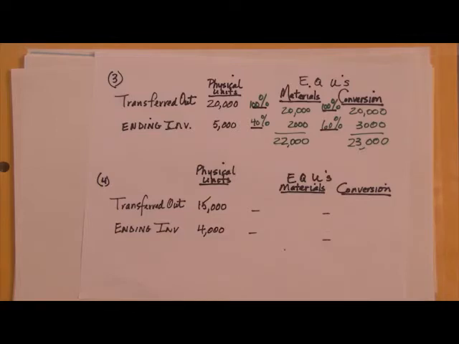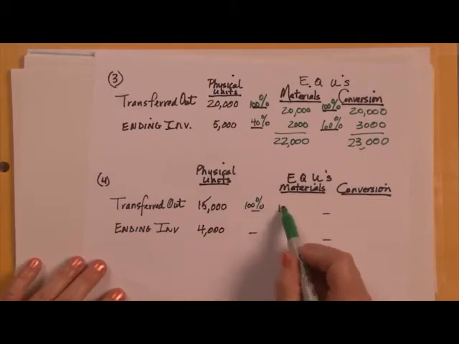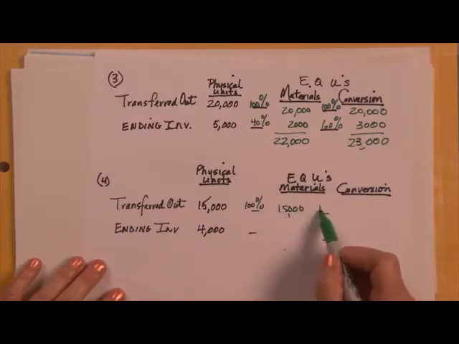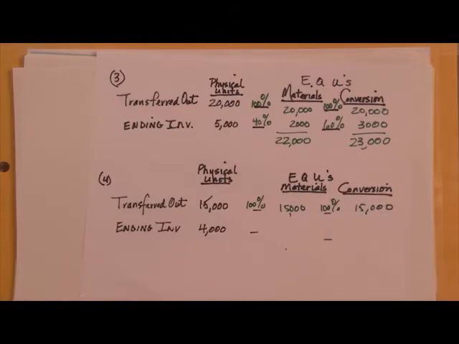So let's go to the next one, which is number 4. It's the same idea. When we look at this one, we have 15,000 physical units being transferred out. We know that's 100%. And for ending inventory, note that in this particular question, it said to you materials are added at the beginning of the process.